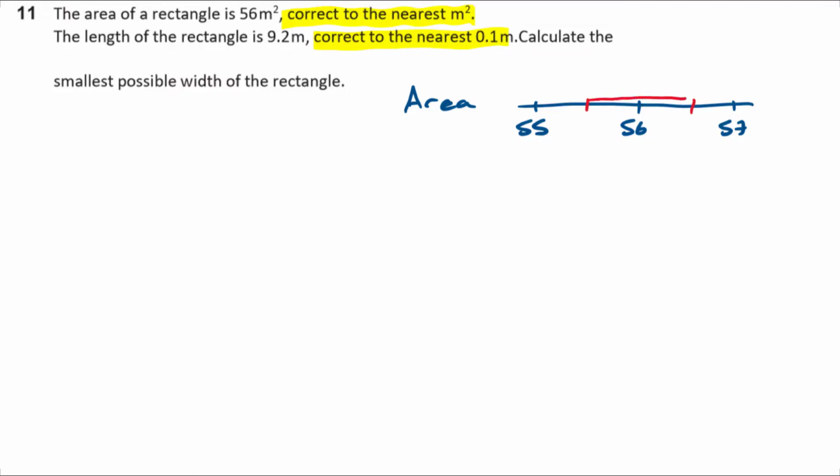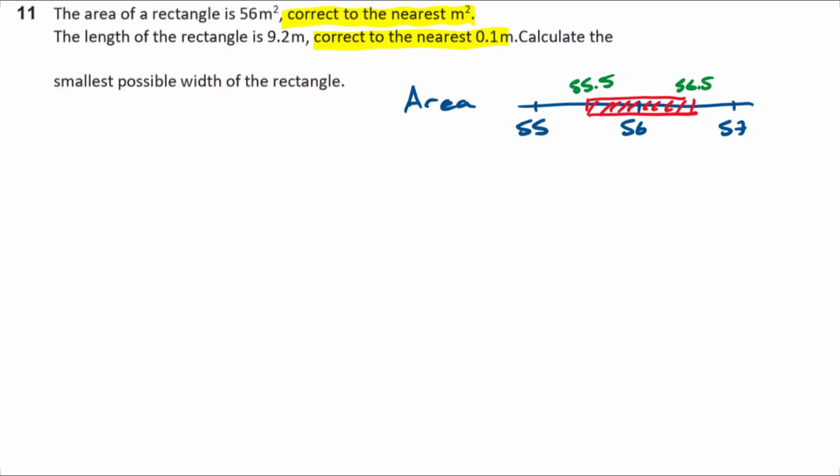So this area here rounds to 56. Okay, and what are those halfway values? Well, halfway between 55 and 56 is 55.5, and halfway between 56 and 57 is 56.5. Okay, so they're my upper and lower limit for the area of this rectangle.